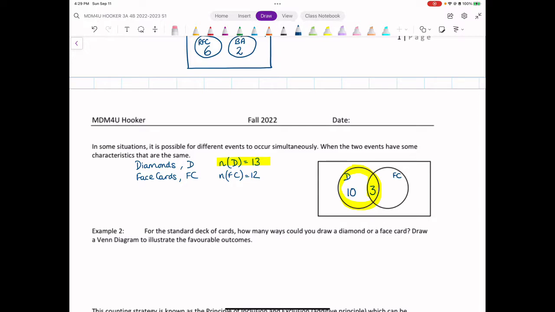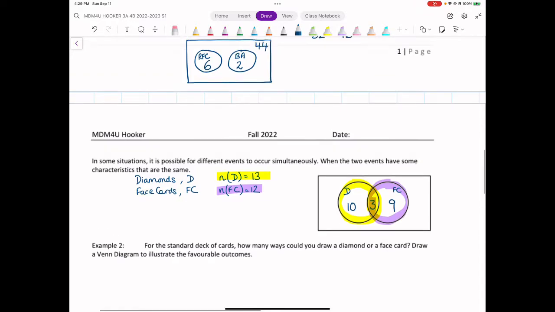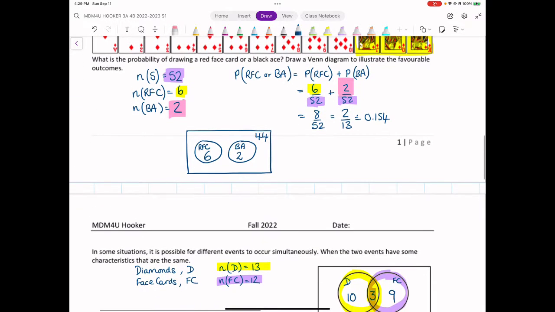And likewise, we can take a look at the face cards, and we know that 3 of them are diamonds, right? So therefore, the other 9 of them are not diamonds. And that's what it looks like there, okay? And then on the outside of that, what are not diamonds and not face cards?